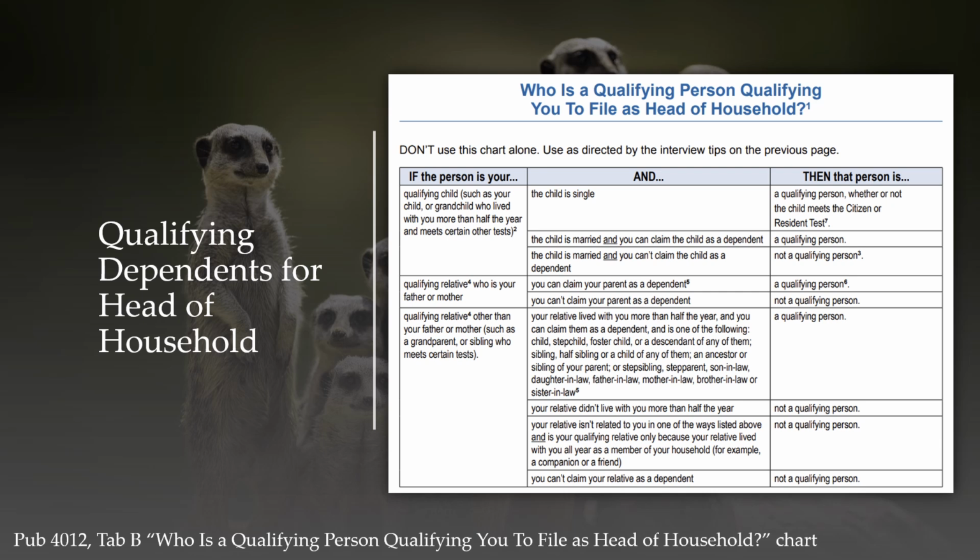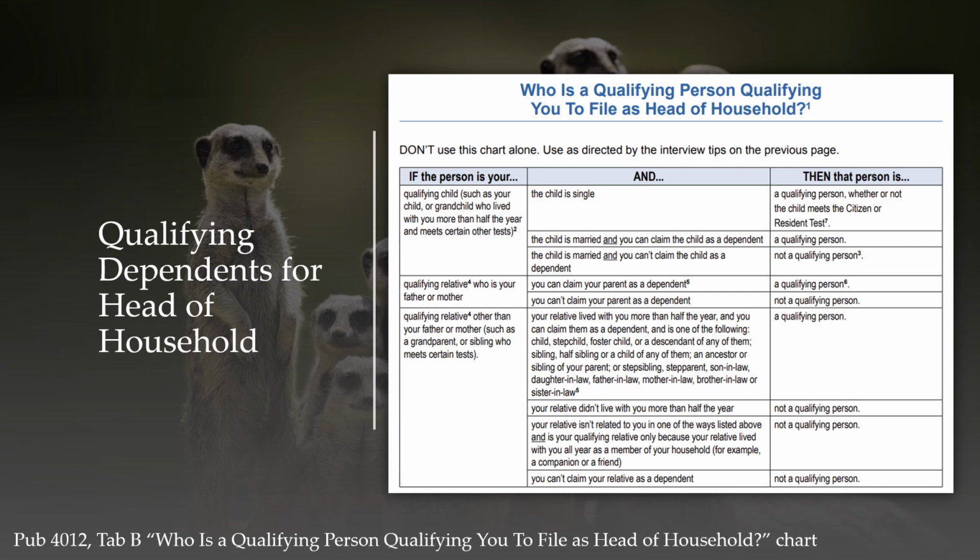So even if the mother or father is living in a different location, if the taxpayer can claim them as a dependent, then they are a qualifying person to file as head of household. If the taxpayer cannot claim that parent as a dependent, then they would not be a qualifying person.